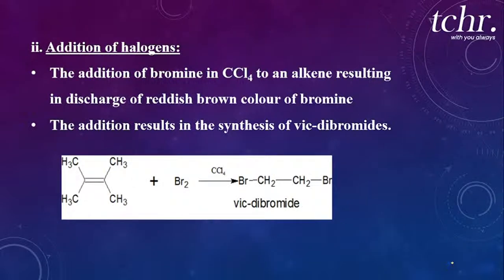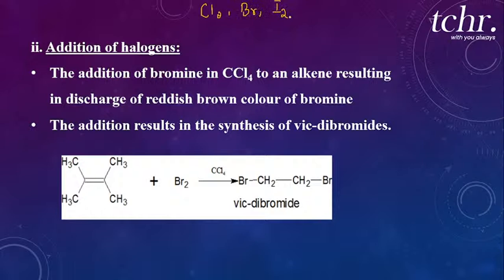Here also we are taking an alkene only, and addition of halogen, not through hydrogen halides, but here I am going to take the halogen atoms directly. You know that halogens always exist in a diatomic state, for example Cl2, Br2, I2, like this.